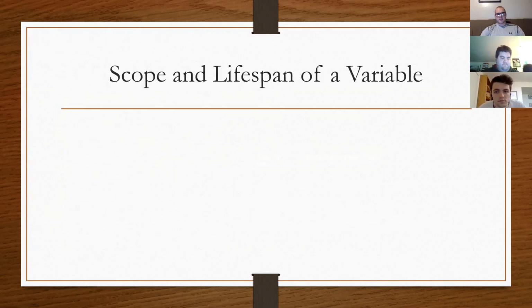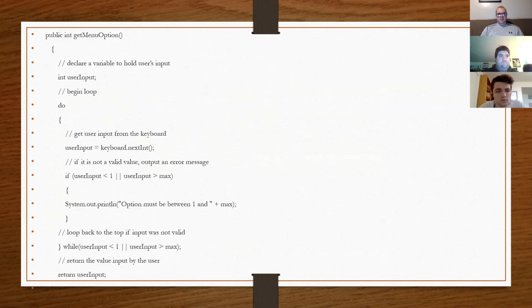And next, we briefly explain the scope and lifespan of a variable. Here we have an example from our code that we created in the class. The scope of the variable is defined in the get menu option, and the lifespan will last until the end of this code here.